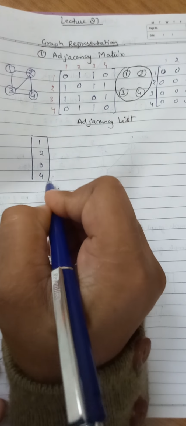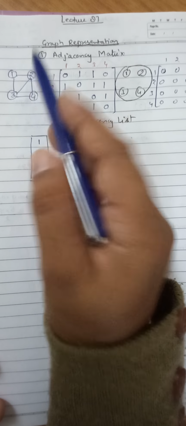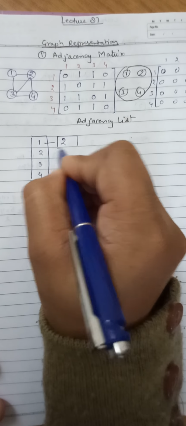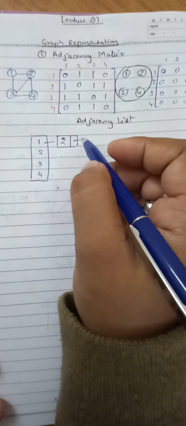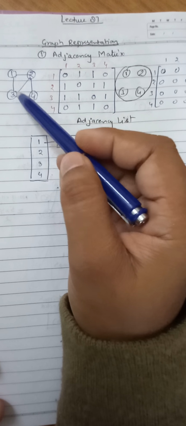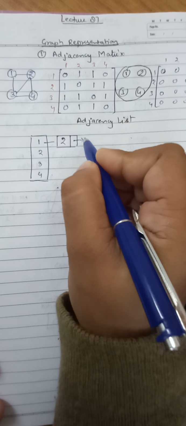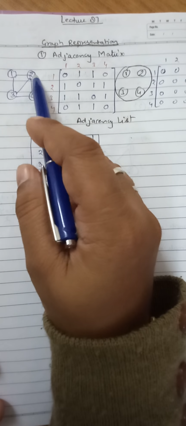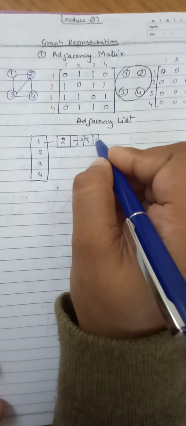From vertex 1, vertex 2 is connected, so we'll write 2 here. And this is a pointer for the next node, or next vertex we can say. And from 1 to 3 is also there, so the next one is 3. Only 2 edges are connected with the first vertex, so 2 nodes are there.